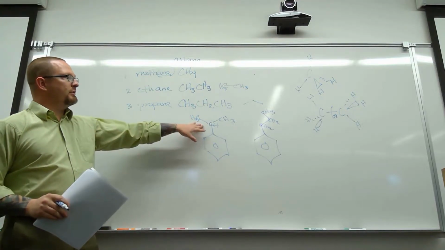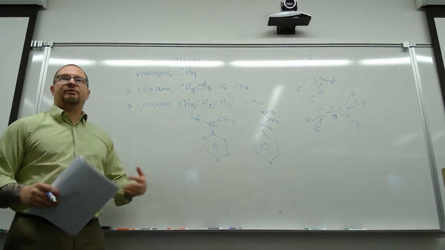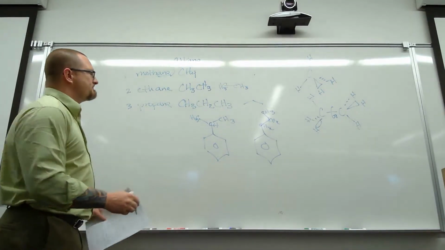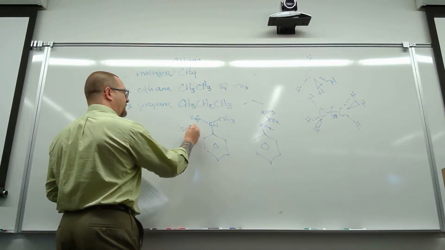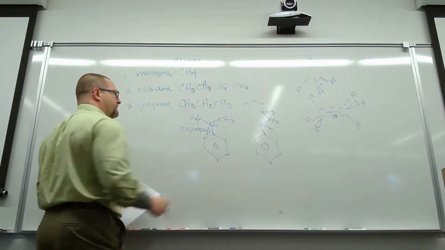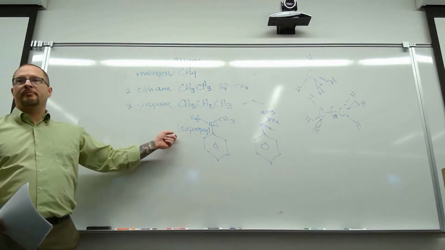So this starts to get us some increasing complexity because we're adding carbons. This is an isopropyl group, whereas this is just referred to as a propyl group. So this is a common name.